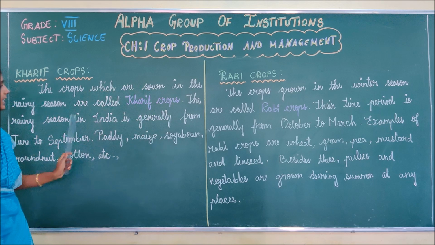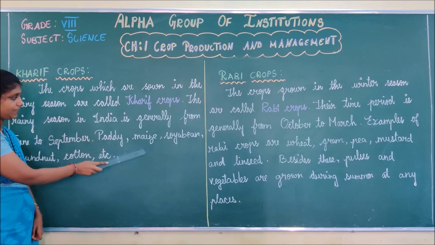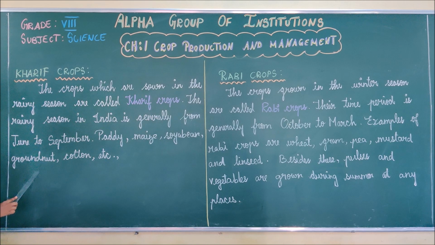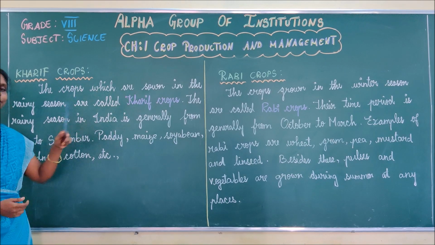The rainy season in India is generally from June to September. Examples of kharif crops are paddy, maize, soya bean, groundnut, cotton, etc. Do you understand what kharif crops are?